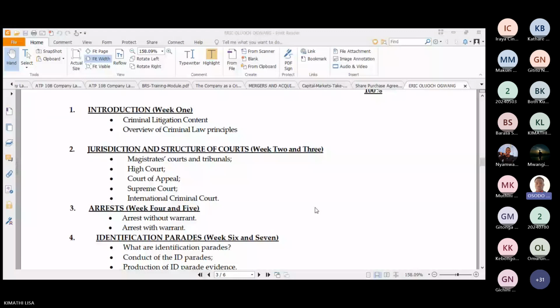So it has supervisory jurisdiction, that is, for example, a judicial review, and appellate jurisdiction in criminal matters from the subordinate courts. So it also has a revisional jurisdiction that is intended for correction of errors of the trial court, which are appealable in law. Thank you.